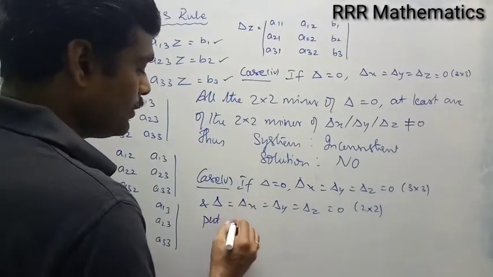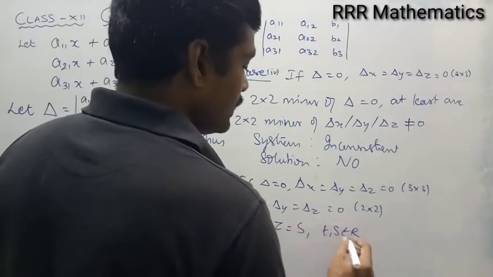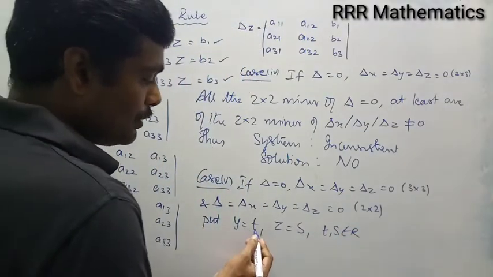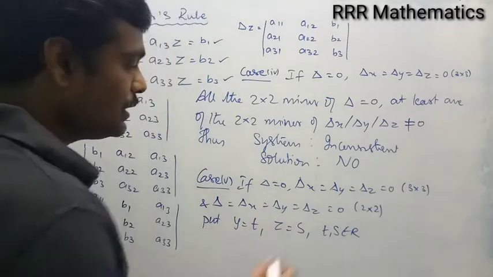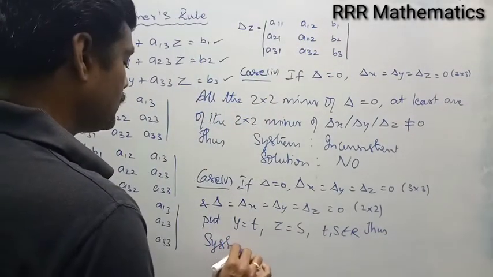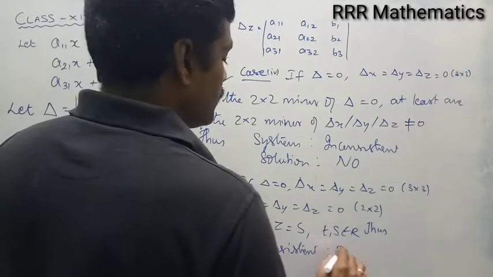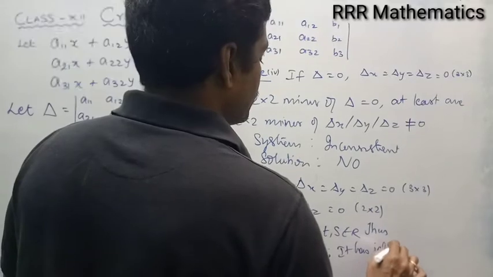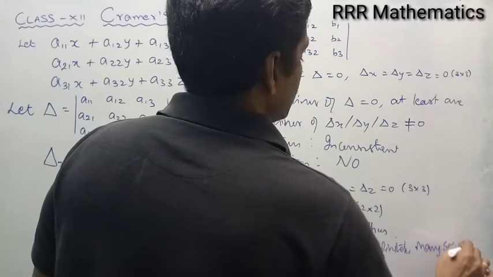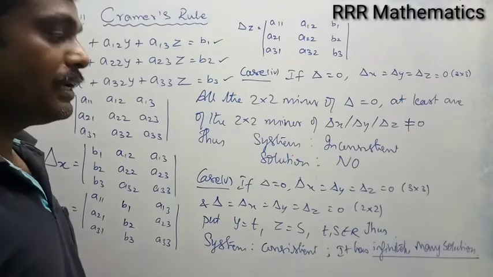Put y equal to some t, z equal to some s, where t, s belong to R. In this case, it has infinitely many solutions with two dummy variables. y equal to t, z equal to s are two dummy variables. So in this case, the system is consistent, it has infinitely many solutions. Got it?